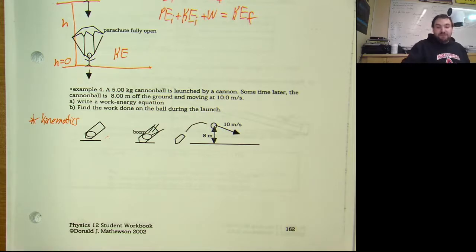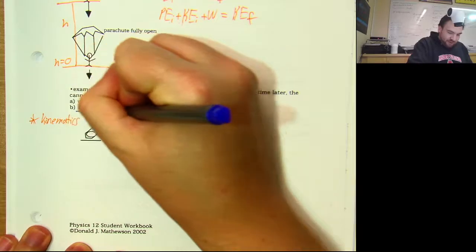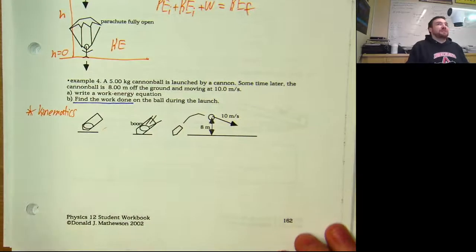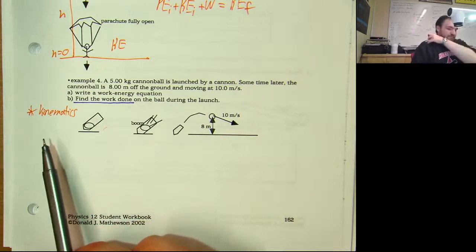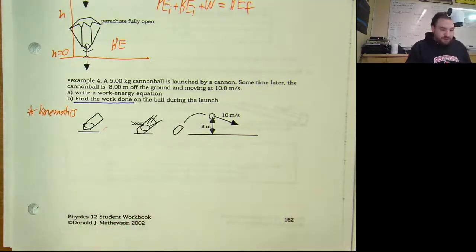But I don't want to use kinematics, I'm going to use work to find the work done on the ball. So even though the questions look similar, and we could use these techniques, we're going to choose to use energy.